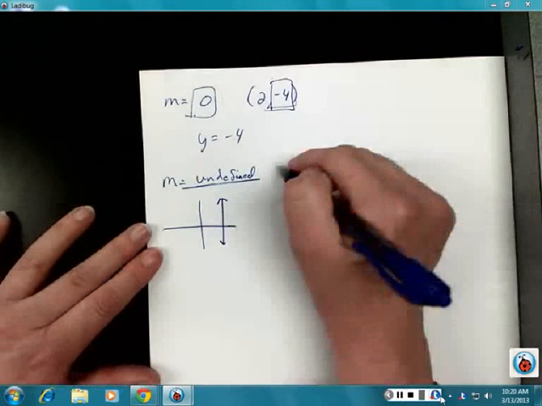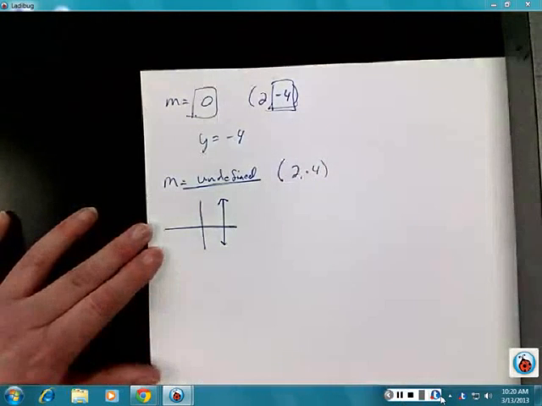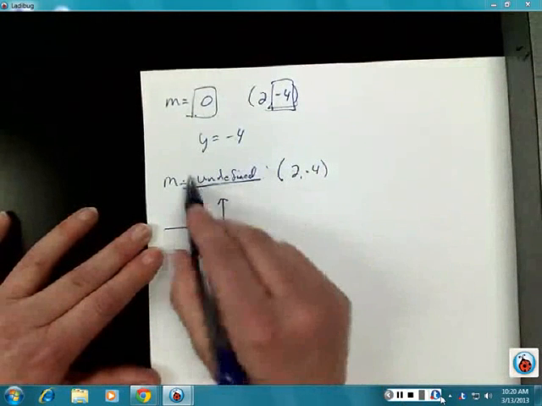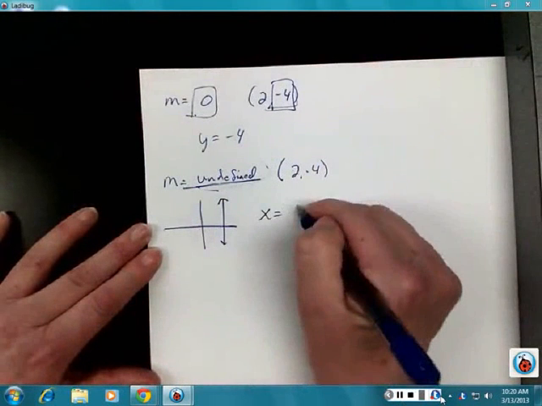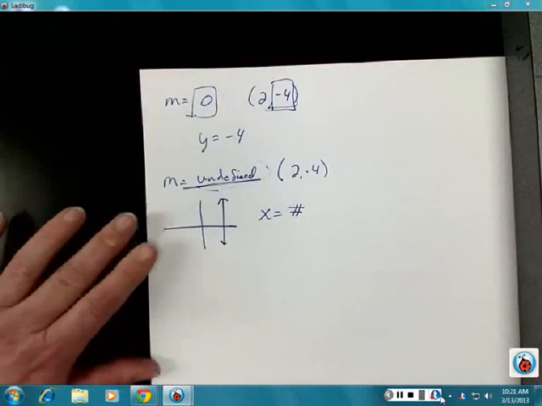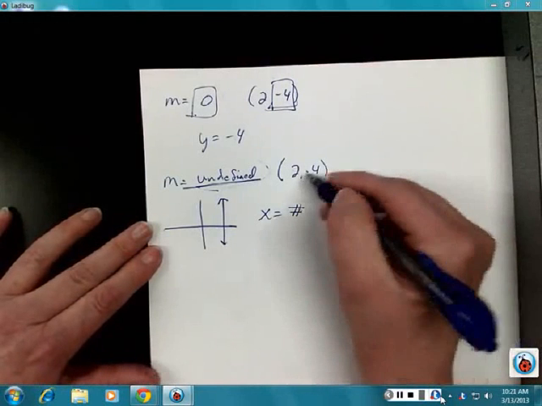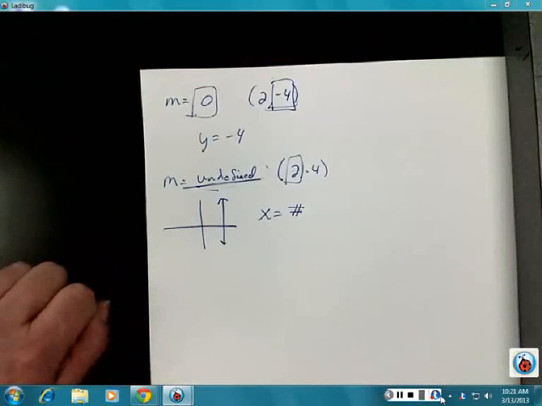So then when they give me the point of 2 comma negative 4, if my slope is undefined, that's always going to be an x equals some number. So if x equals some number, I'm going to look for my x point value.